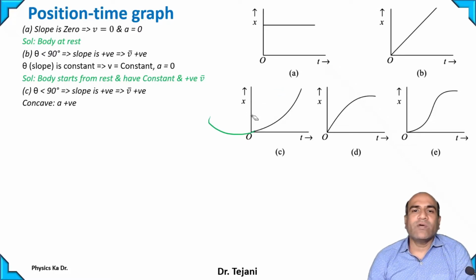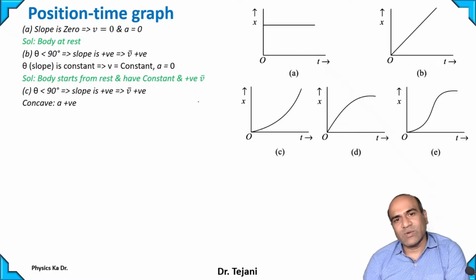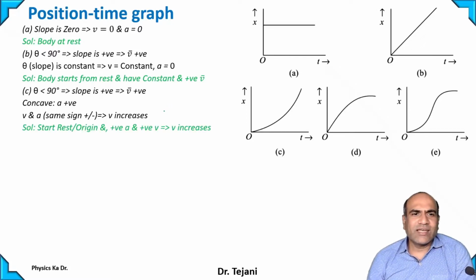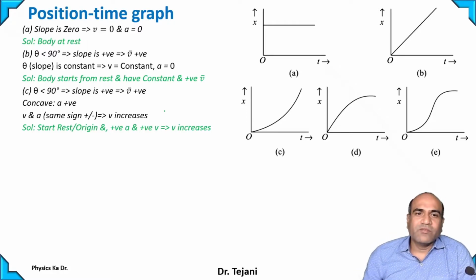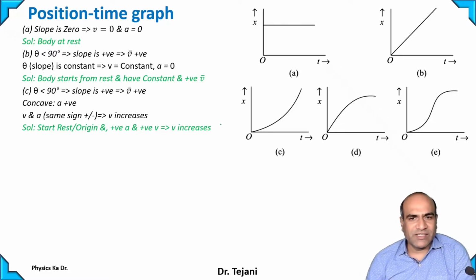For a concave shape, acceleration is positive. That means velocity increases. So velocity is positive, acceleration is positive, and ultimately it gives an increase of velocity. So that is our conclusion: the object starts from rest or origin with positive acceleration and positive velocity. Velocity increases with time.